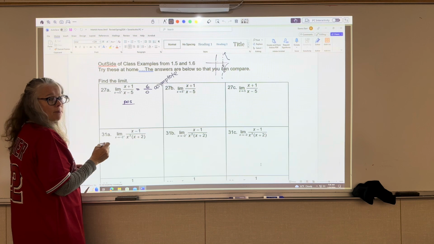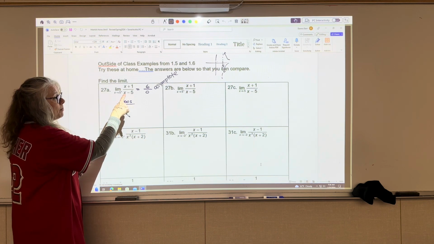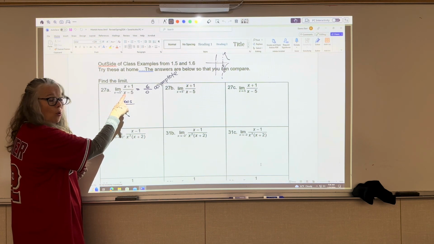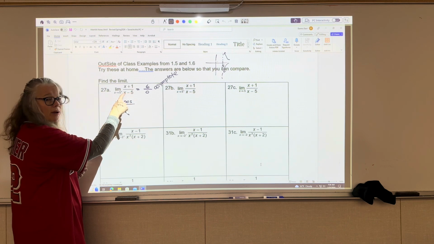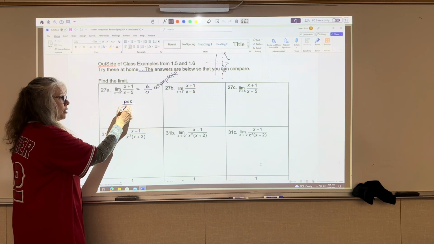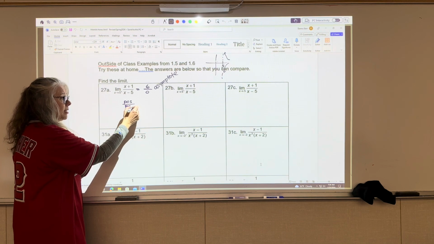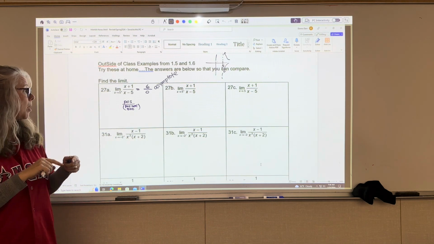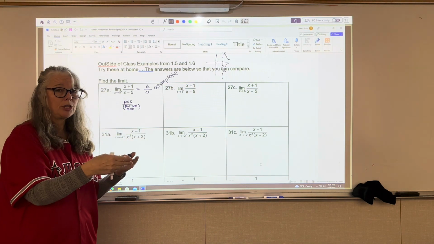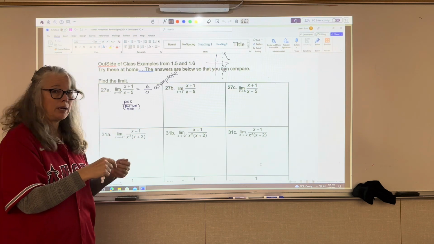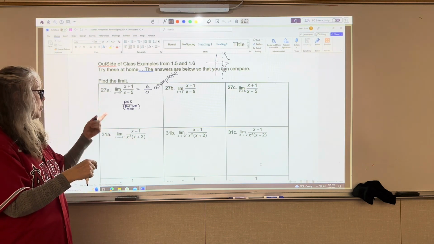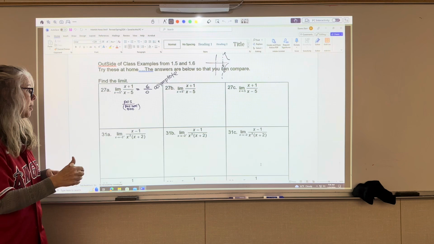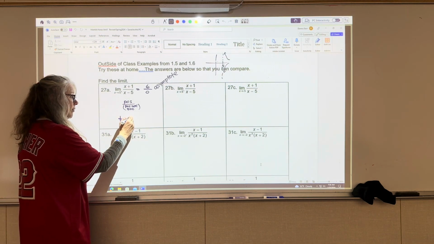And if I'm a little bit bigger than 5, like 5.1, take away 5, my denominator is positive, but near 0. So I have a positive number divided by a positive number that's near 0. It's the near 0 that made it infinity. A positive divided by a positive is a positive. So this is positive infinity.